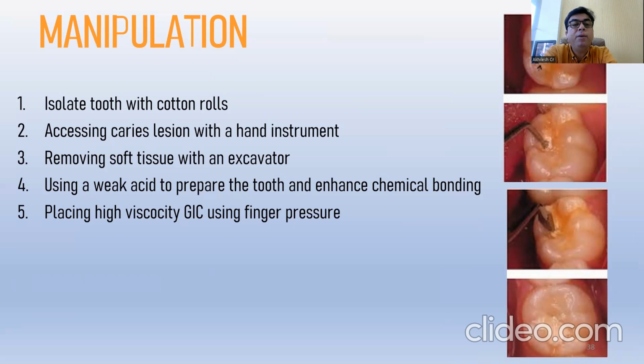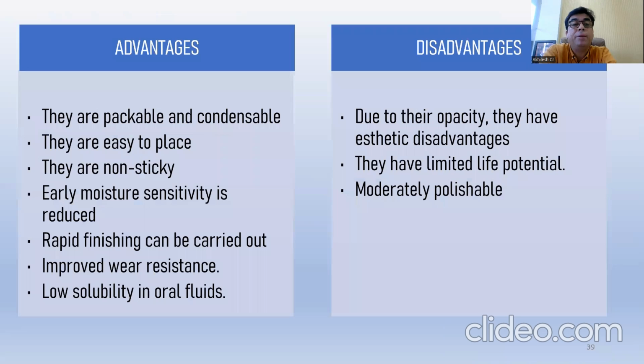Then you place the high viscosity GIC using finger pressure. That's all. We can manipulate it very easily.